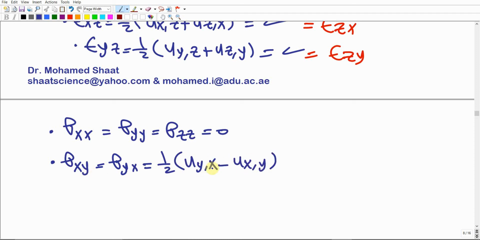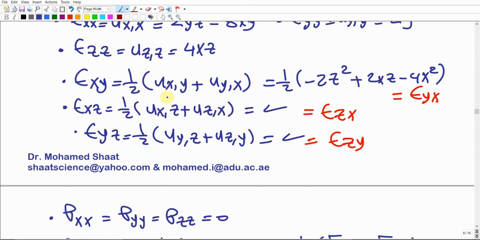If you mention xy, you should start with y here. So uy comma x negative ux comma y, which is going to be 1 over 2 the fxy negative the fyx. Just observe the indices. The indices are a big deal for the rotation tensor. But it doesn't matter which comes first in the strain tensor, because anyway they're going to be added.